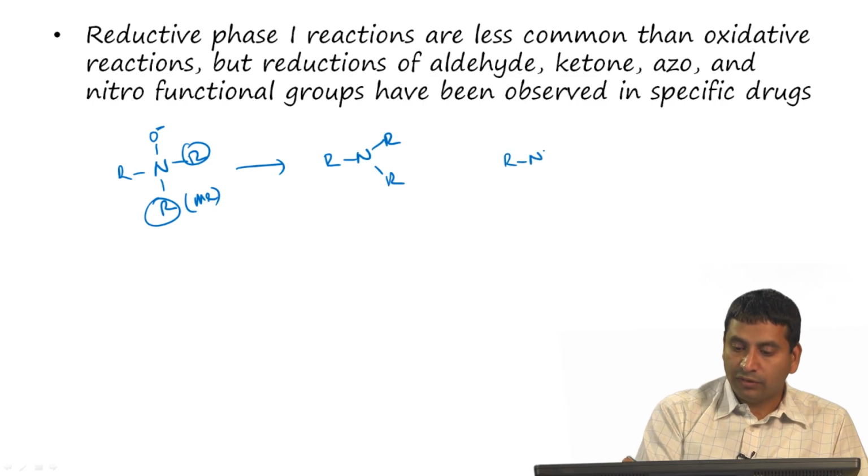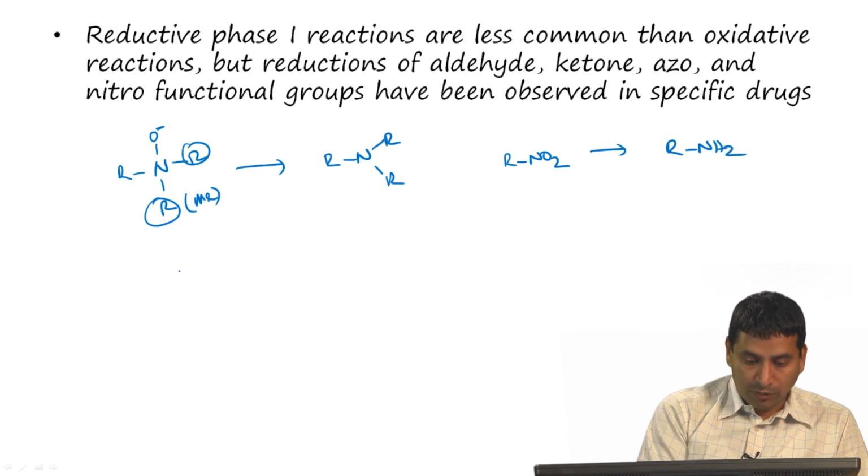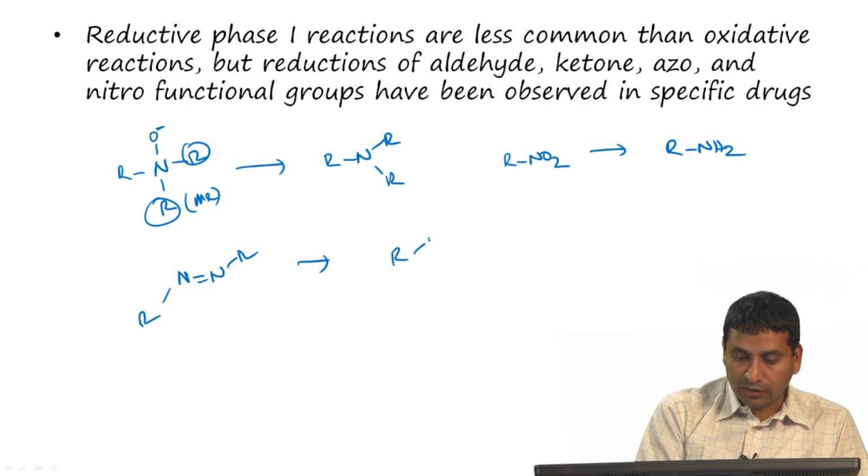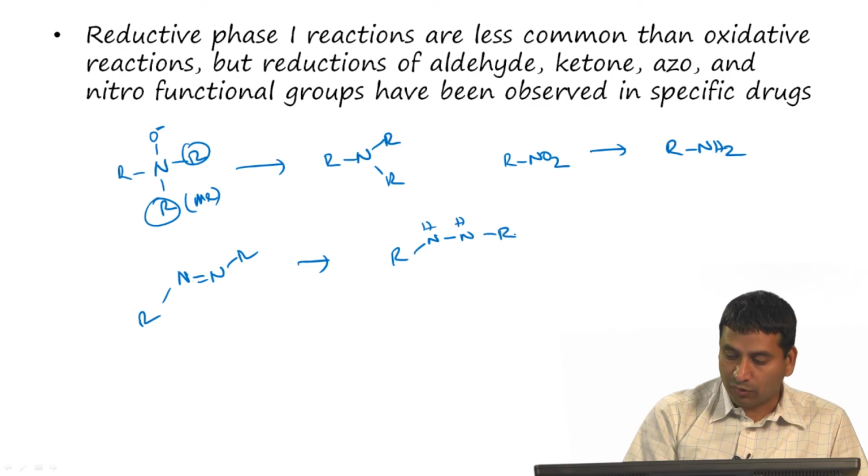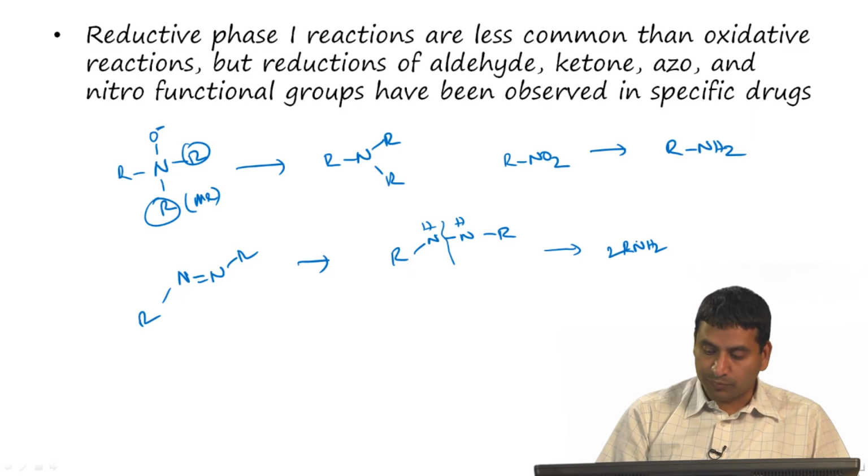You also have nitro groups which can go all the way to RNH2. Okay. You can also have azo compounds such as these, giving you R N N H R. So, all these are reduction reactions, and this can further undergo reduction to give you 2 moles of RNH2.